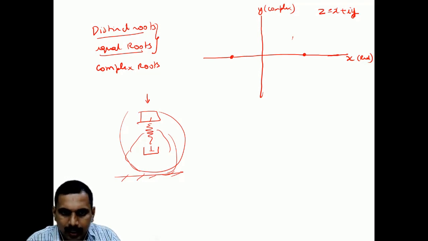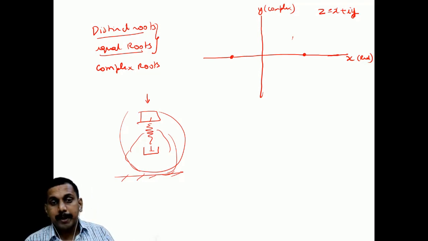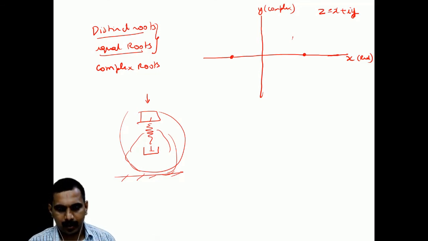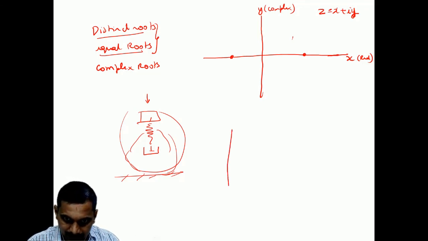The roots depend on the characteristic equation of the system. Now in the system, if the roots of the equation, after applying everything, are distinct roots or equal roots, it has two categories. Now how it comes, I will tell you.